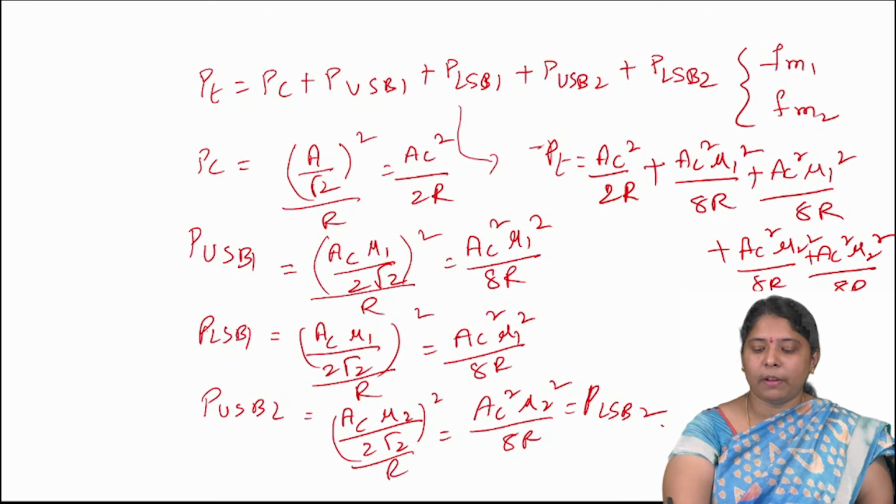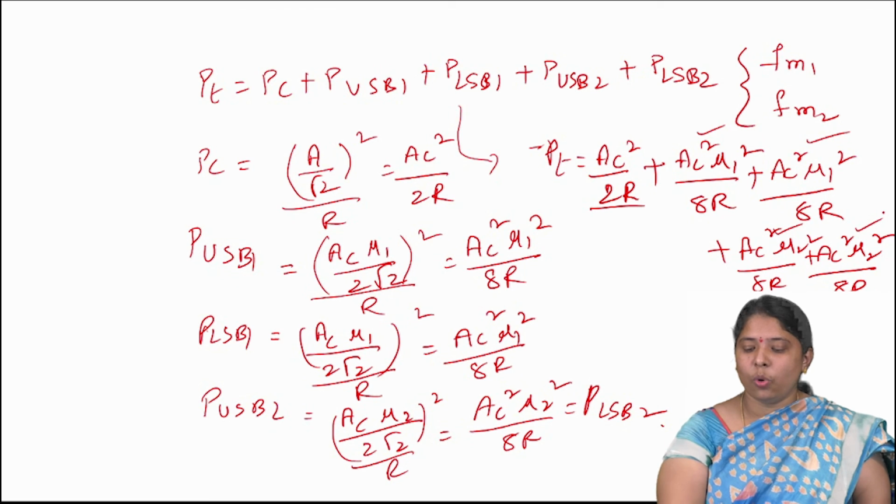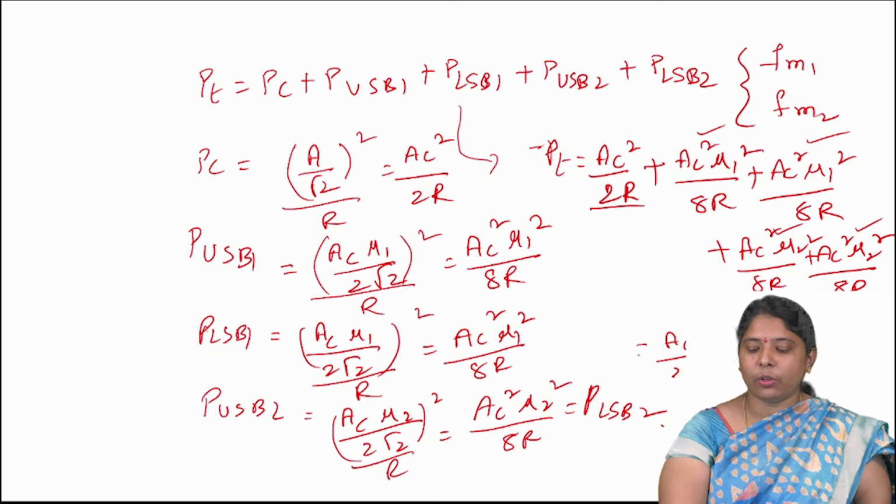These are the total powers. Carrier power, upper side band 1, lower side band 1, upper side band 2 and lower side band 2. If we simplify, if we take AC square by 2R as the common, 1 plus mu 1 square by 2 plus mu 2 square by 2.